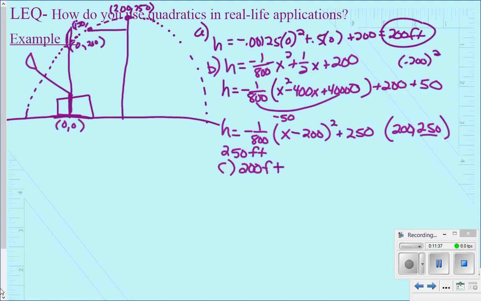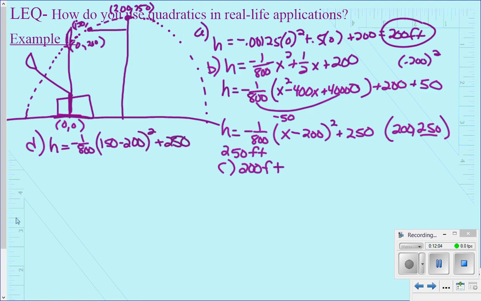Now, this is part D, we can either substitute the 150 in for x into vertex form or standard form. It doesn't really matter. I think I'm going to put it in vertex form. So h I don't know, but I do know that the x value is 150. So I'm going to substitute 150 in for x.